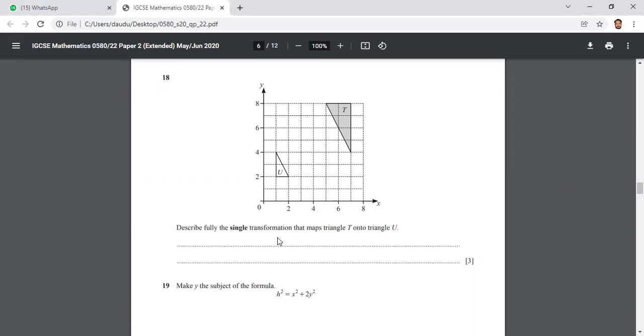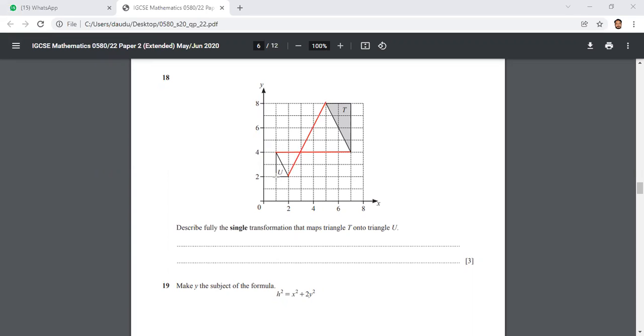Look how. And we must have the center of enlargement. So by drawing the line, you can find out the center of enlargement. Just connect the corresponding points. For example, this one, then this one.